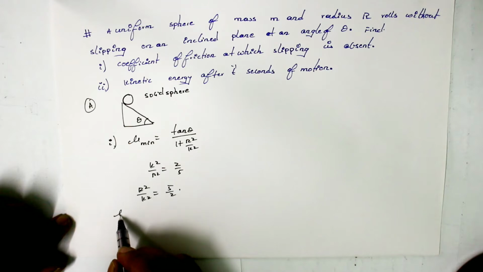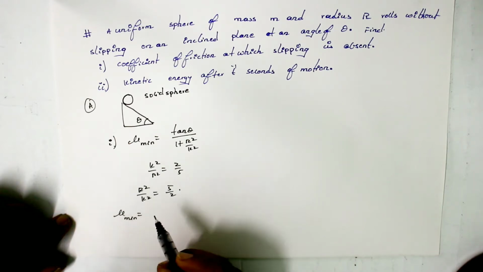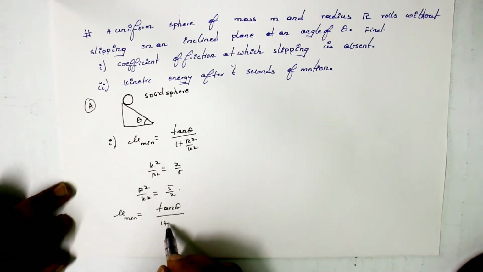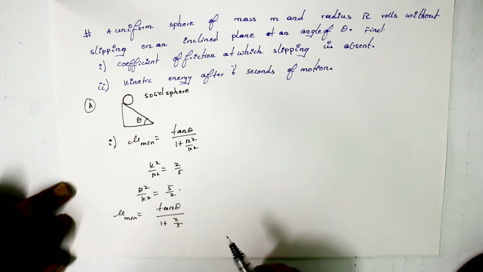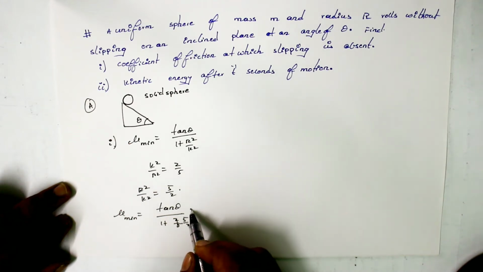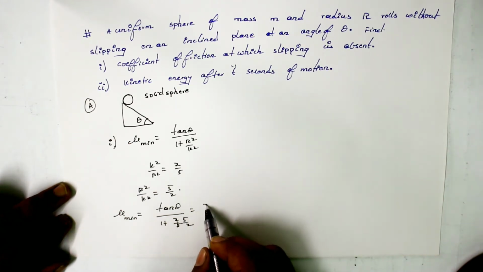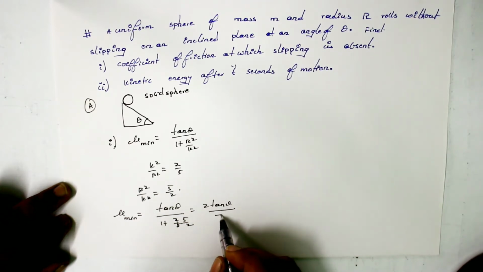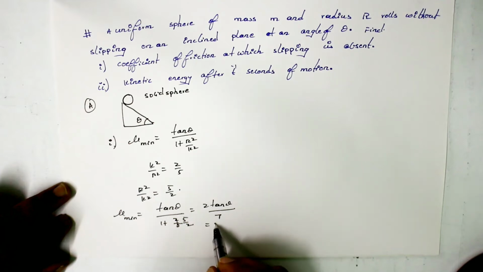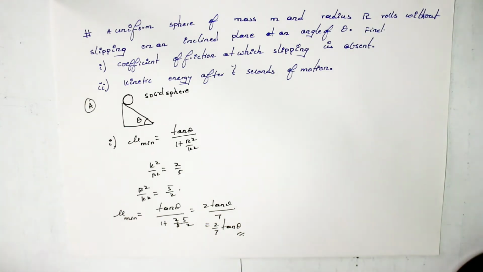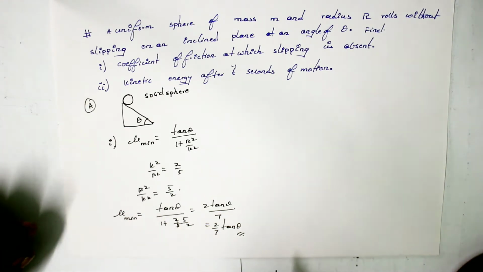Substituting in this relation, mu minimum is equal to tan theta divided by 1 plus 5 by 2, so therefore it is 2 tan theta divided by 7, which is equal to 2 by 7 tan theta. So this is the minimum coefficient of friction required for this body to roll without slipping.